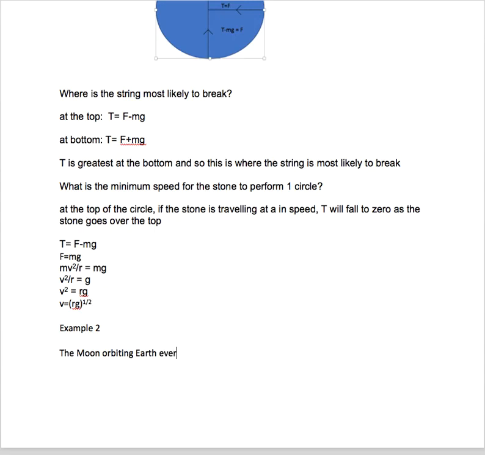It does that every 27.3 days. So let's look at how many seconds there are in 27.3 days.